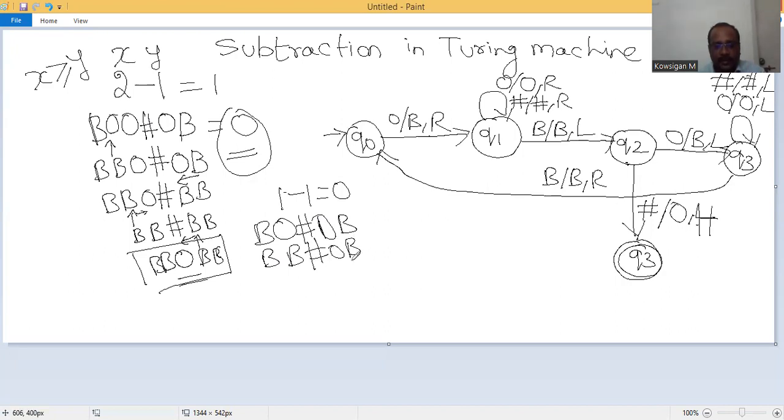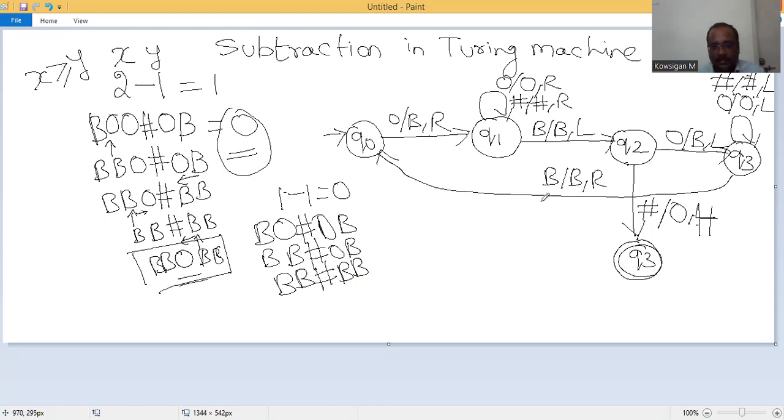While moving to the left hand, this 0 will be replaced as blank and you have to move to the left hand side. After moving to the left hand side until you are reaching the blank, you should not change the inputs, just move to the left hand side until you are reaching the blank.